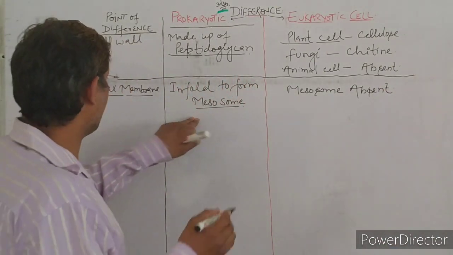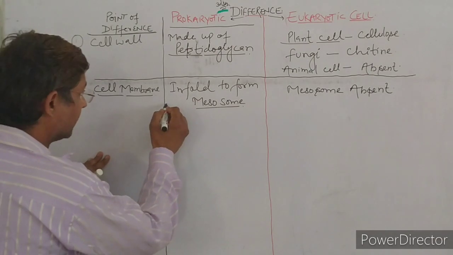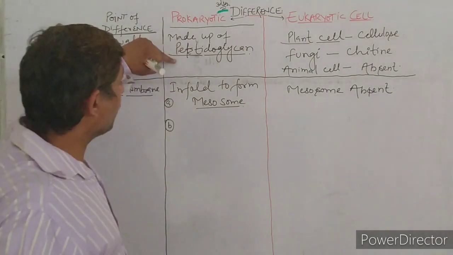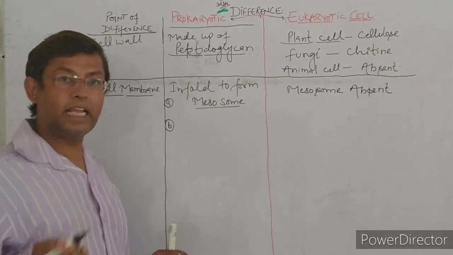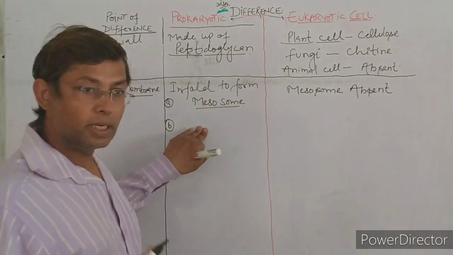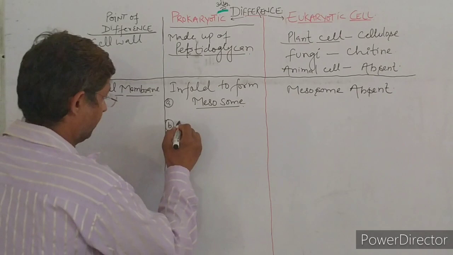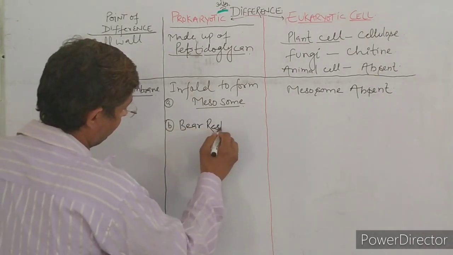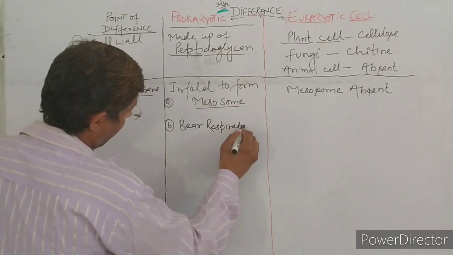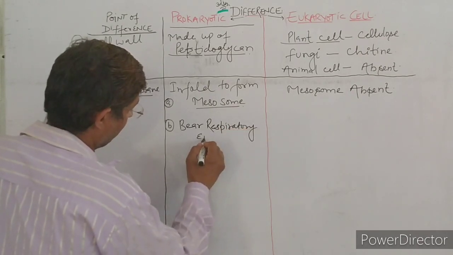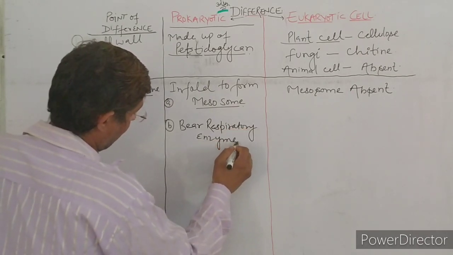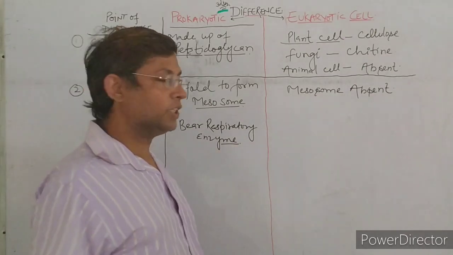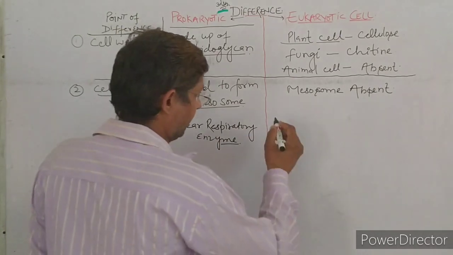Another difference of the cell membrane is that in prokaryotes the cell membrane bears respiratory enzymes, while in eukaryotes no respiratory enzymes are present.